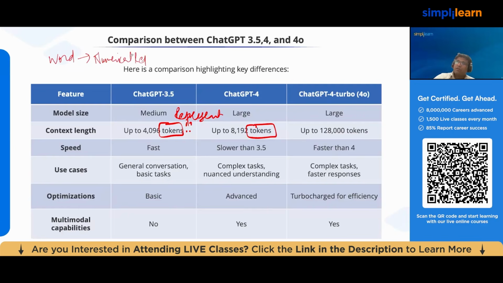Let's say this feature is a word, and it could have some kind of numerical representation. Take ChatGPT-3.5. Let's say chat is 15, GPT is 45, dash is 20, and 3.5 is like 113.